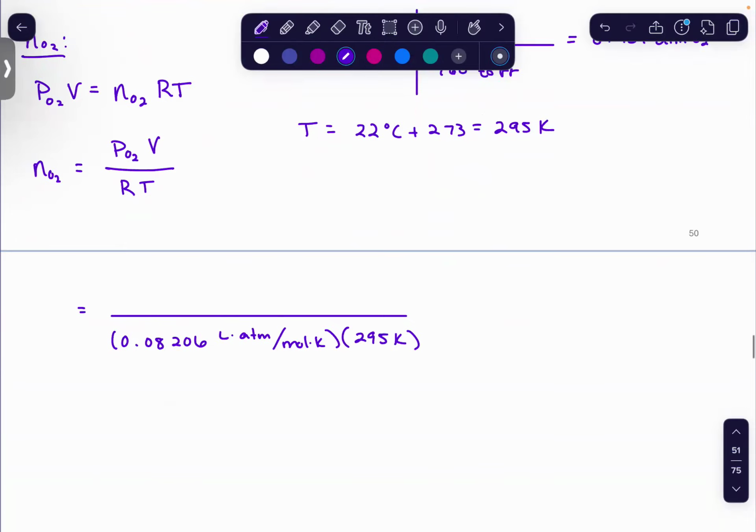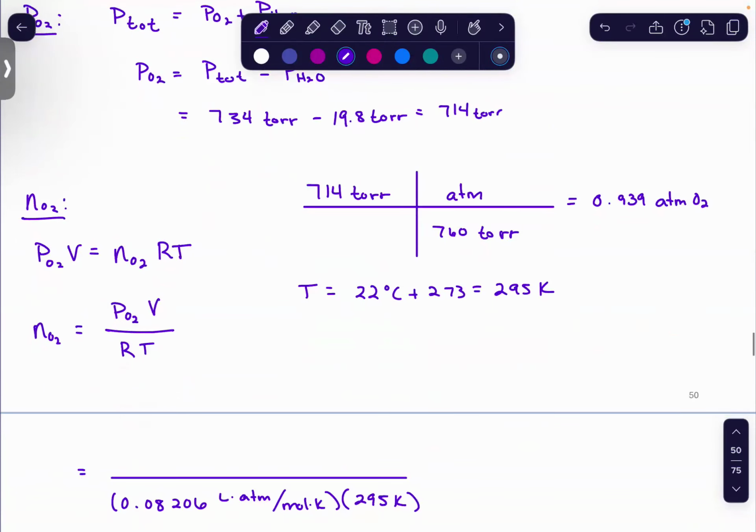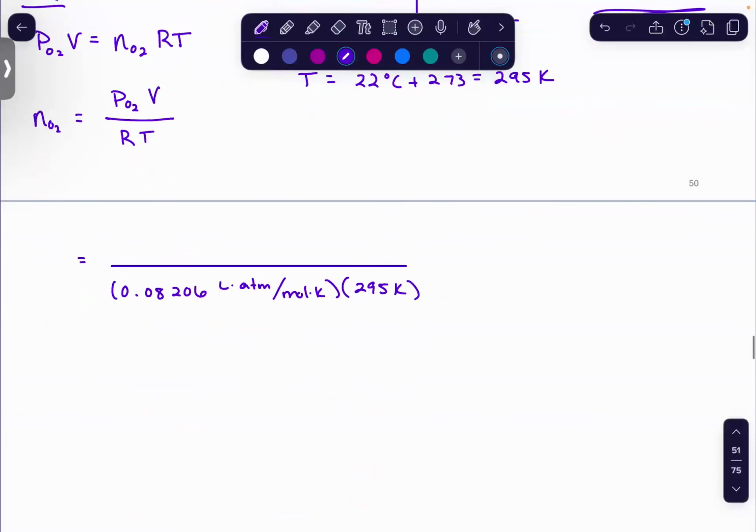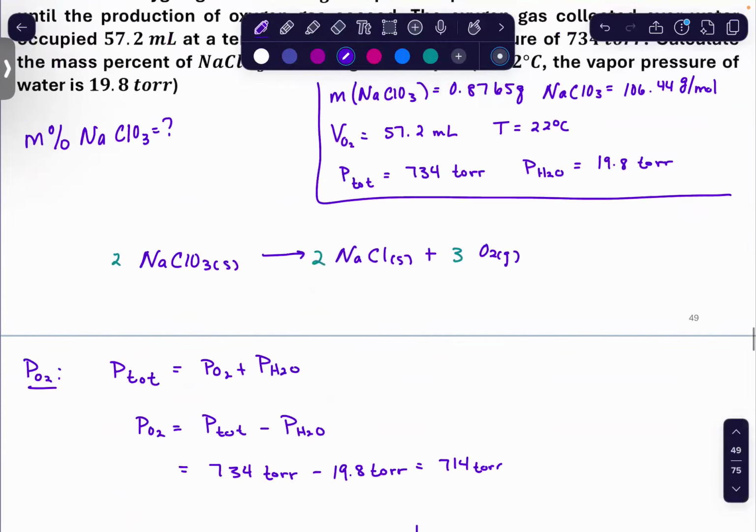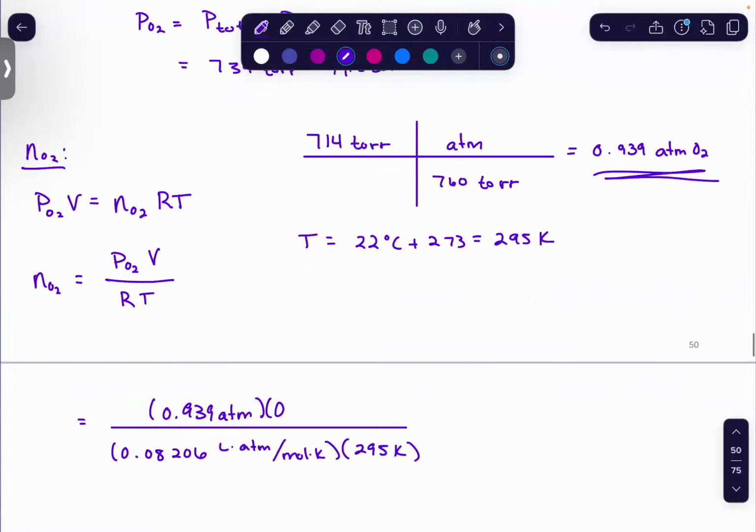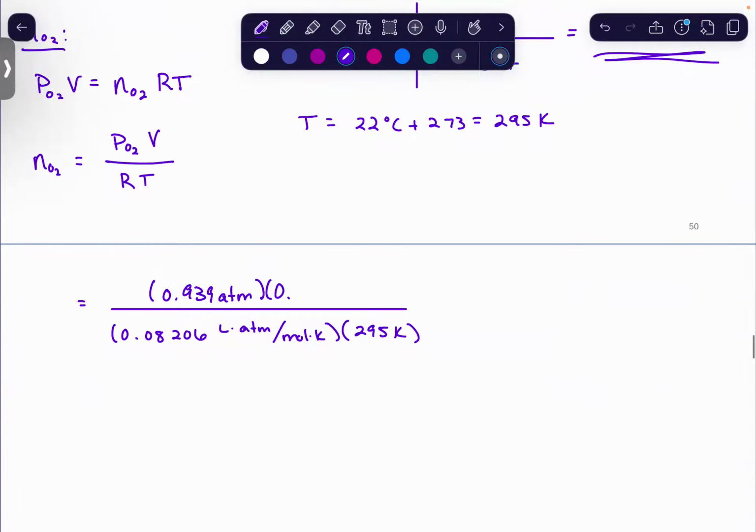And then our partial pressure of O2, which we figured out up here, is 0.939 atmospheres. Okay, and let's see, our volume is 57.2 milliliters, so that's going to be 0.0572 liters. When we calculate this, we're going to get 2.22 times 10 to the negative third moles of O2.